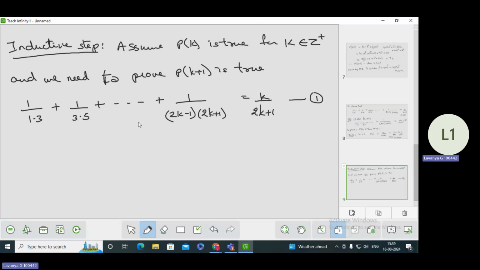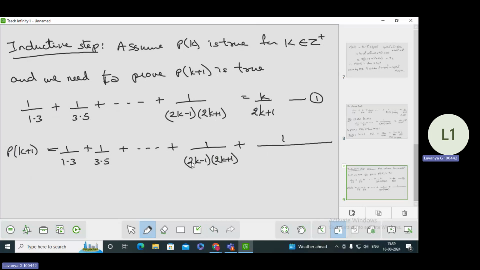Okay. Now I have to consider P of k plus 1. So what will be this P of k plus 1? It's going to have an added term to the above. So it is 1 divided by 1 into 3 plus 1 divided by 3 into 5 plus etc. plus 1 divided by 2k minus 1 into 2k plus 1 plus I have to write a k plus 1th term. Wherever there is k, put k plus 1.